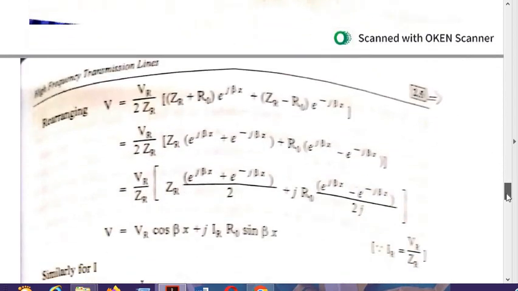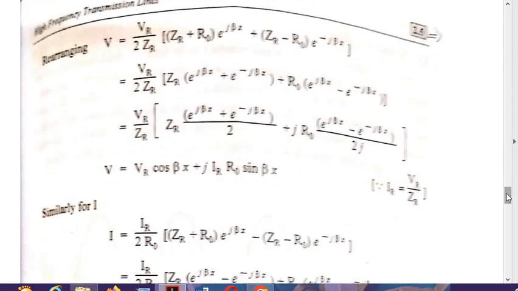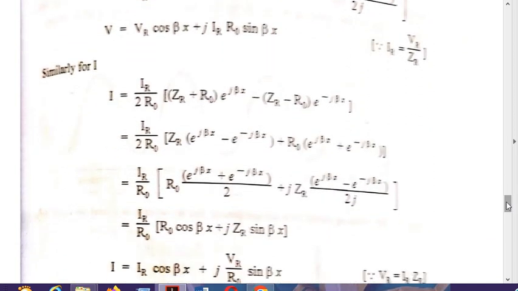If you rearrange the values, we finally get V is equal to VR into cos beta x plus j into IR into Z naught sin beta x. Similarly for I, we get I is equal to IR by Z naught into (Z naught cos beta x plus j ZR sin beta x).